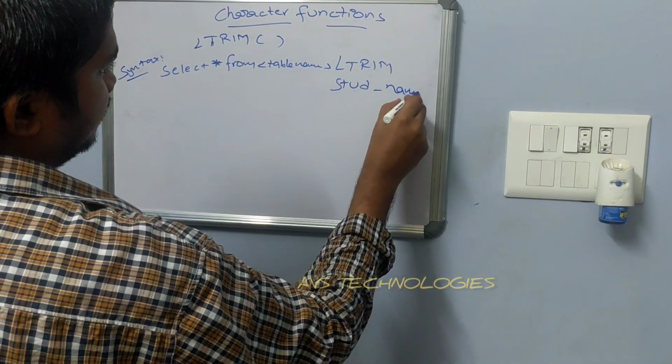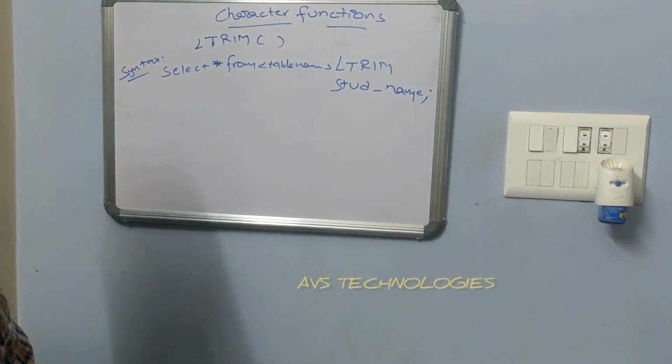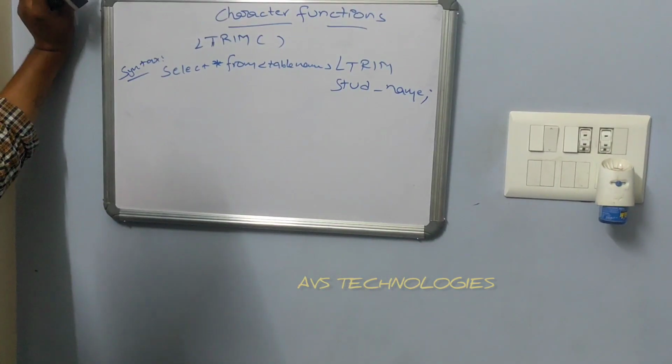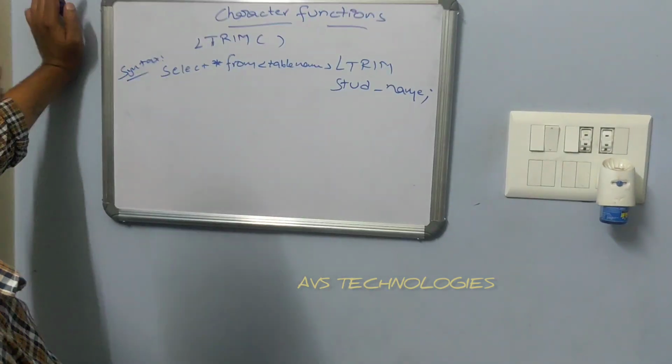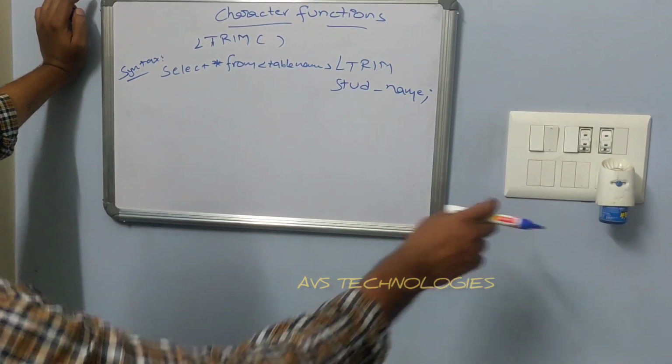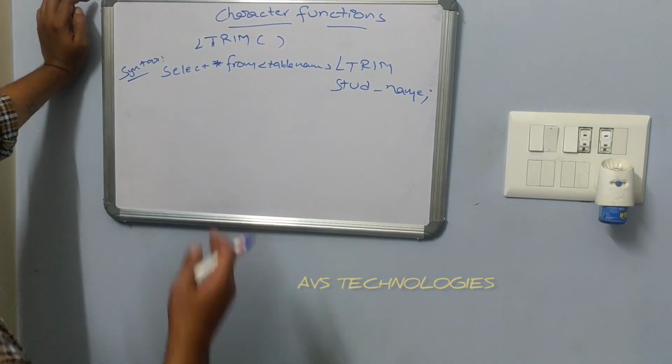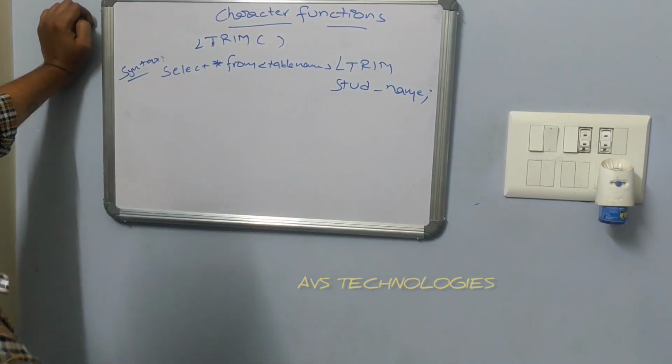Ltrim is a character function which will trim the left side of the name.